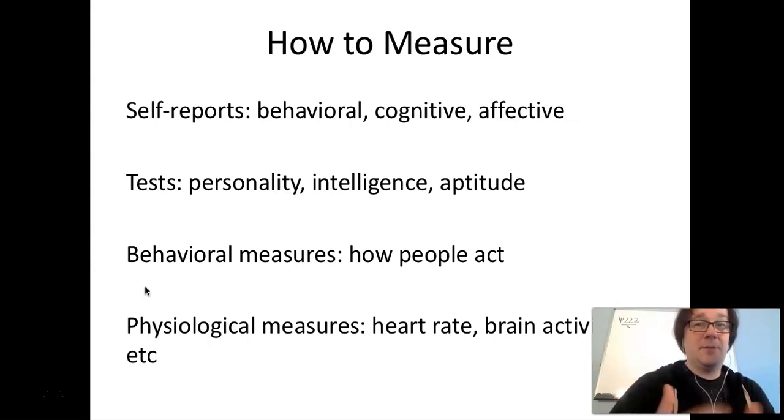So even measuring somebody's heart rate to determine if they're nervous, well, our heart rate goes up when we're excited as well. And excitement and nervousness are not exactly the same thing. Excitement tends to be associated more with positive feelings, nervousness more with negative feelings, even though it's producing the same physiological response.